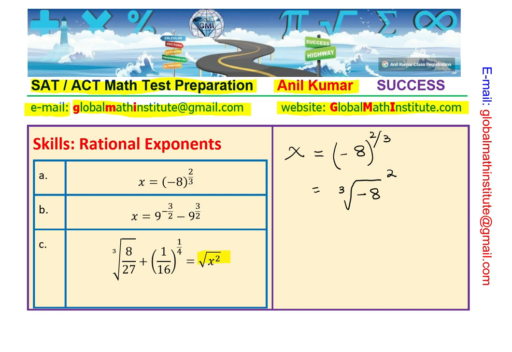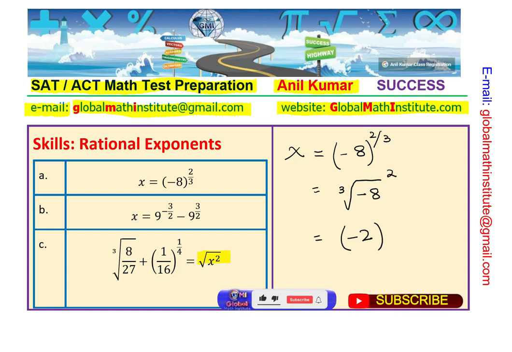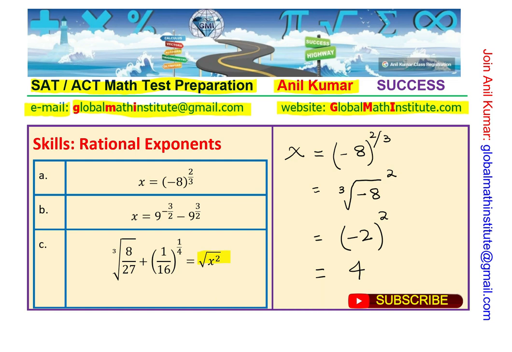So that's another way of writing the rational exponent in the form of surds. Cube root of minus 8 is minus 2, not just 2, minus 2. And then you square it. And once you square minus 2, of course, you get a positive value. And plus 4 is the answer for part A.